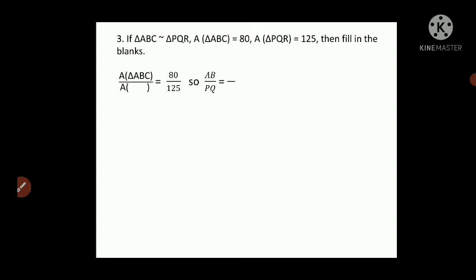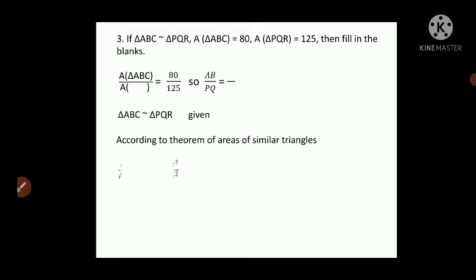So how we'll start, we know triangle ABC is similar to triangle PQR, which is given. So according to the theorem of areas of similar triangles, area of triangle ABC upon area of triangle PQR is equal to side 1 square upon side 2 square.